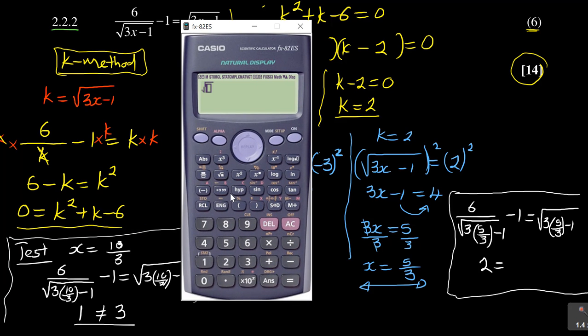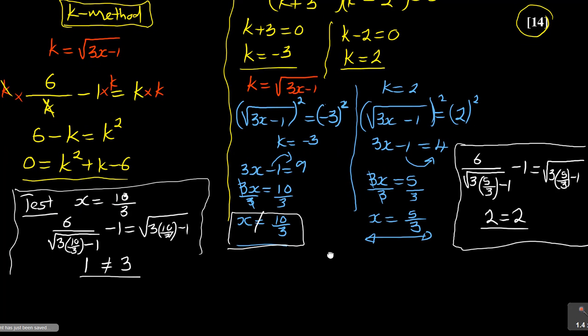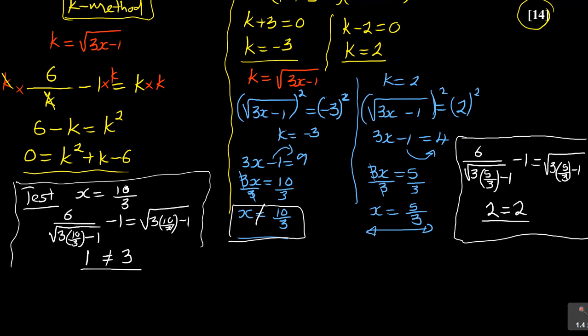I've got a square root of 3 into fraction 5/3, and then I've got minus 1 in this case. I'm getting again a 2, so you can see that 2 is equal to 2. So therefore, how do you write now your final answer? You are going to say answer.